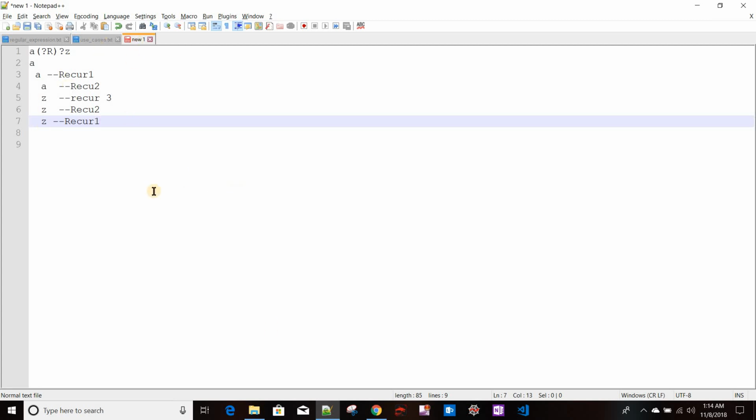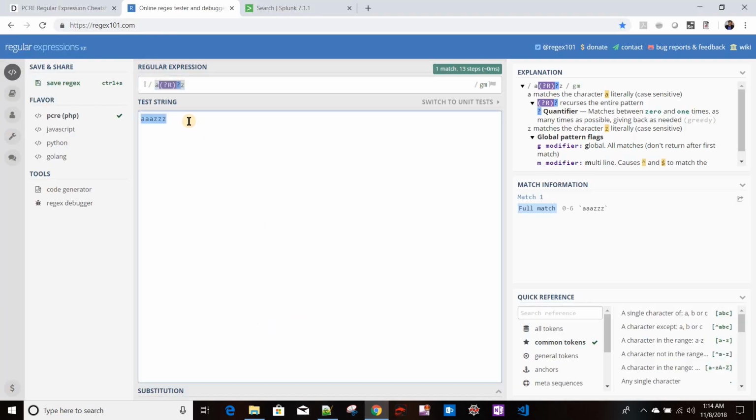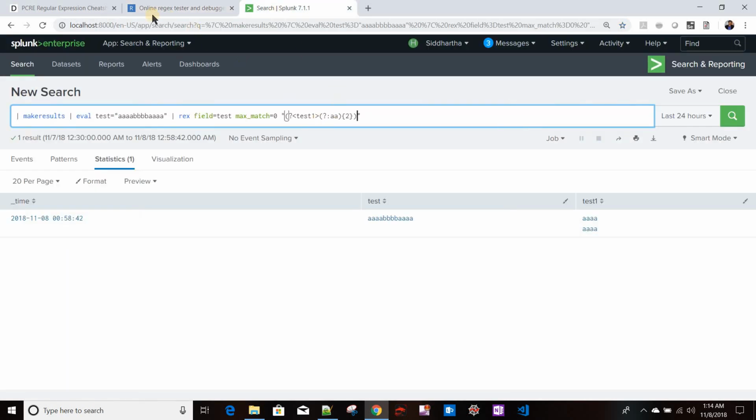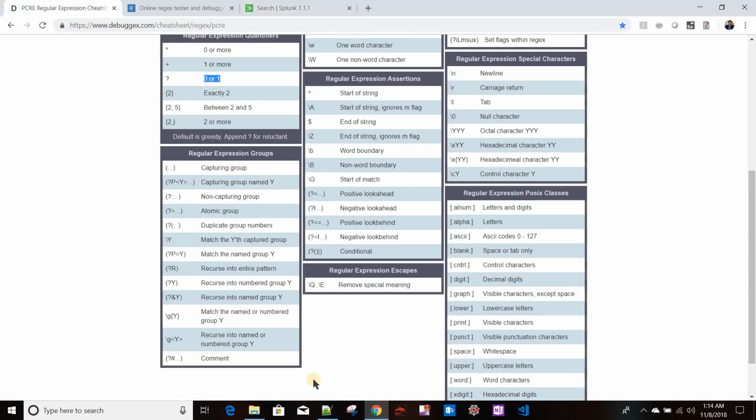So we saw how recursion works. Now to make it work in Splunk, you just need to make it a named group. That's all, it will work. Recursion can be done for a group as well.